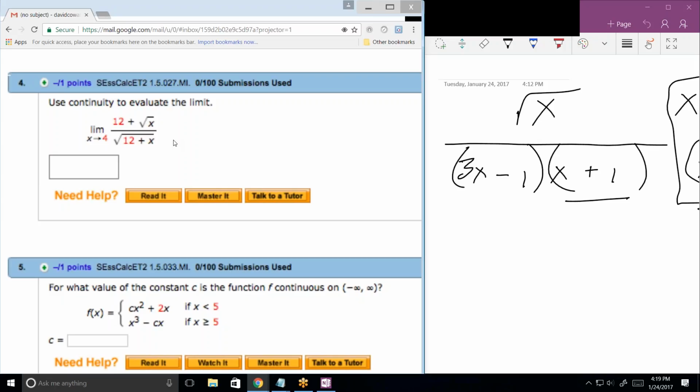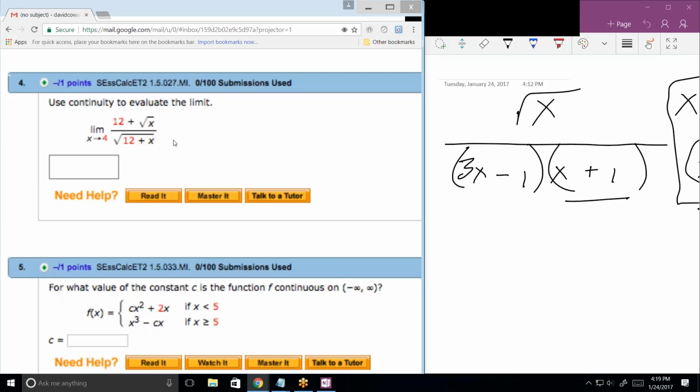What do you get when you substitute? You get 14, and then 14 divided by the square root of 64.